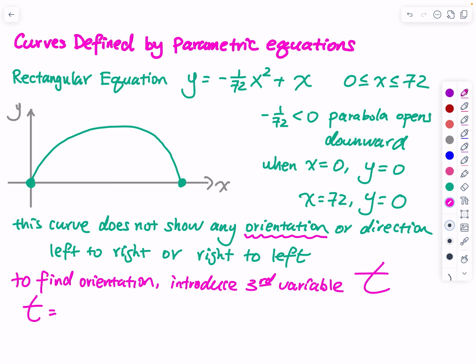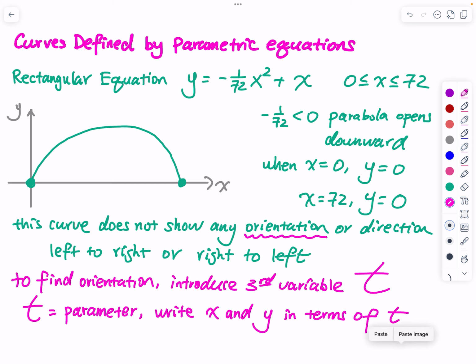That's why the equation is called a parametric equation. And then we write x and y in terms of t. Okay, how do we do it at this time?